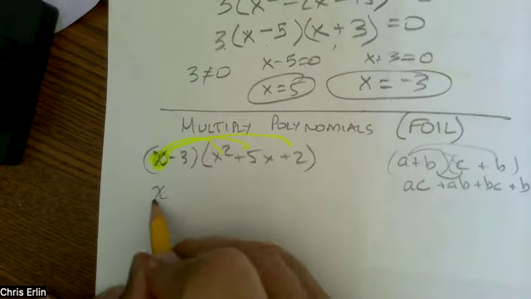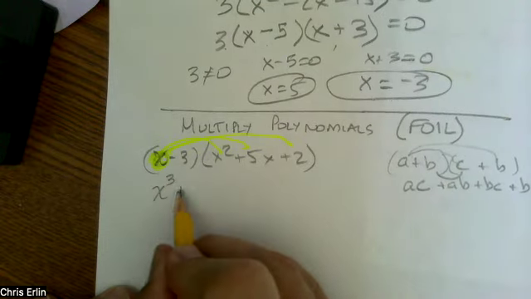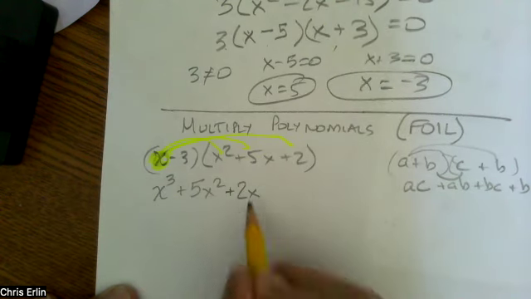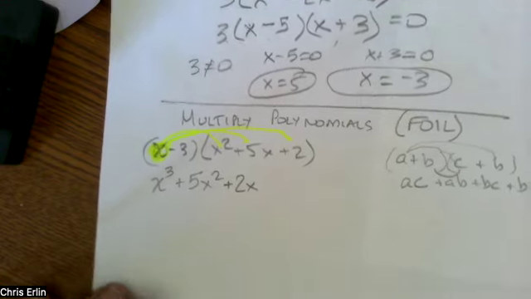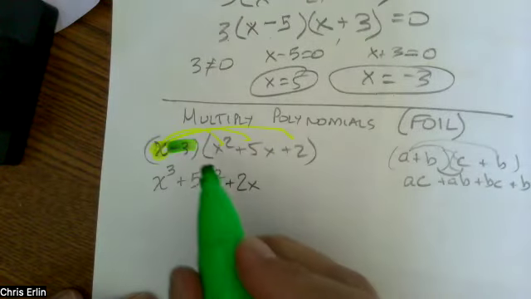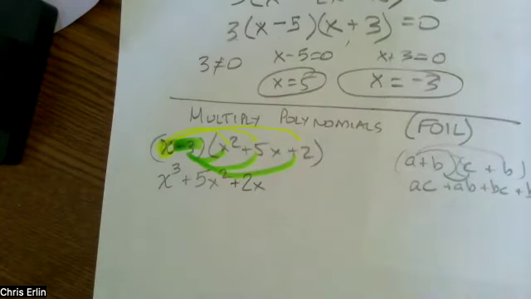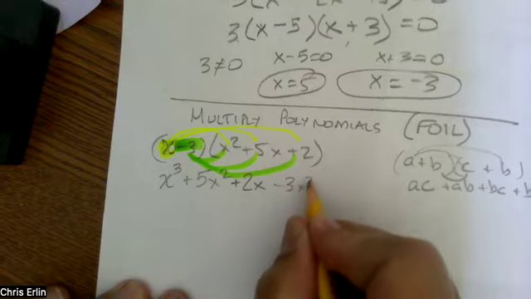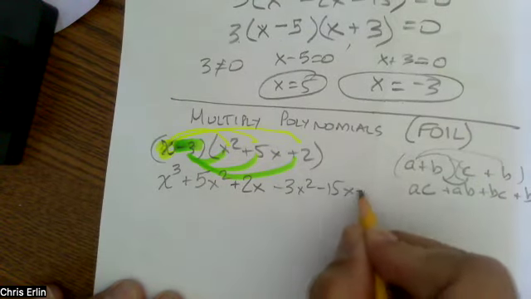X times x squared is x cubed. X times plus 5x is 5x squared. X times plus 2 is plus 2x. And then I do the second part. Now I've got to distribute the negative 3 across each of the three terms. Negative 3x squared, negative 15x, minus 6.